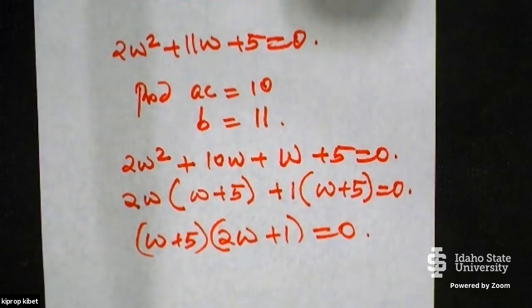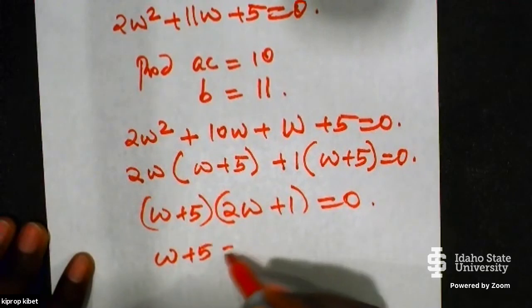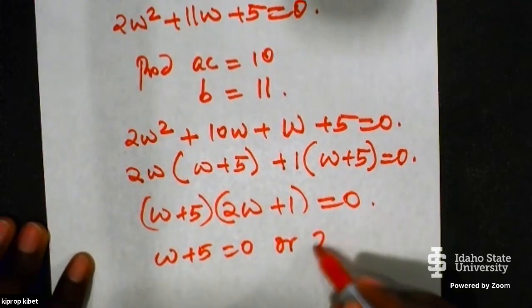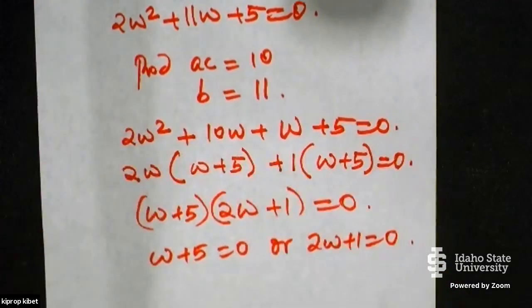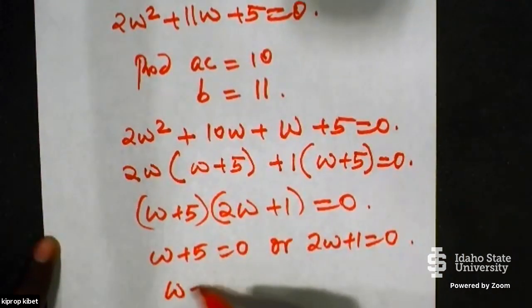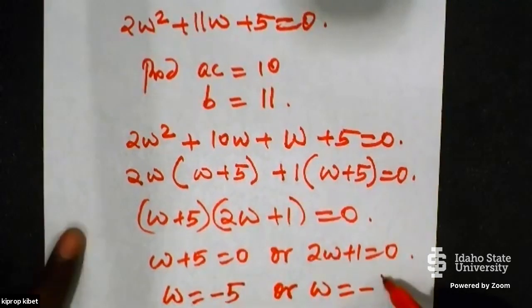Now using the zero product property, then equals to 0 or equals to what? Equals to 0. 2w plus 1 equals to 0. So for this to be undefined, then w should be equal to minus 5 or w should be equal to minus 1 over 2.